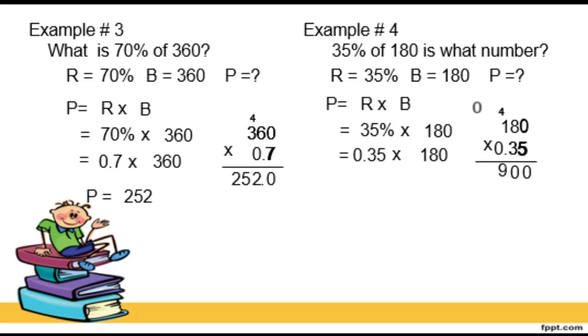Then 3 times 0 is 0, 3 times 8 is 24, carry 2, then 3 times 1 is 3, plus 2 is 5. Then add. Bring down 0, 9 plus 4 is 13, carry 1, plus 5 is 6. So how many decimal places? 2. So the decimal point is located between 3 and 0. So therefore, the answer is 63.